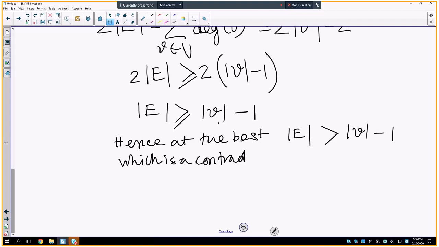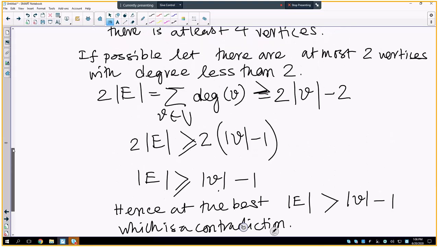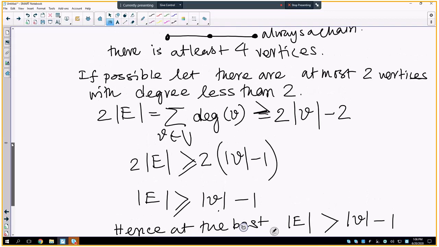And why do I get to say that it is strictly greater than order of V minus 1? Remember, I said there are at most 2 vertices with degrees strictly less than 2. So there are at most 2 vertices with degree 1 in our hypothetical situation. So each of the other vertices must have at least degree 2.